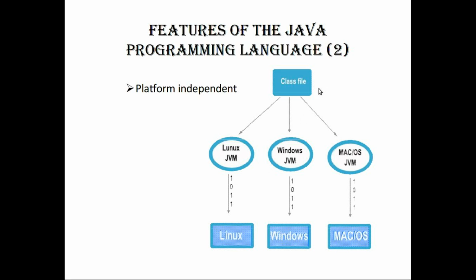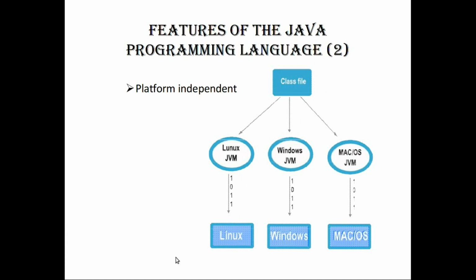So now, when you write your Java program, say we have our Java class file here, this is our Java program, we compile the program, and when we execute the program, it's going to run on our Java Virtual Machine, and the Java Virtual Machine is going to interpret our Java program, convert it into machine-readable code, and execute it on your system.